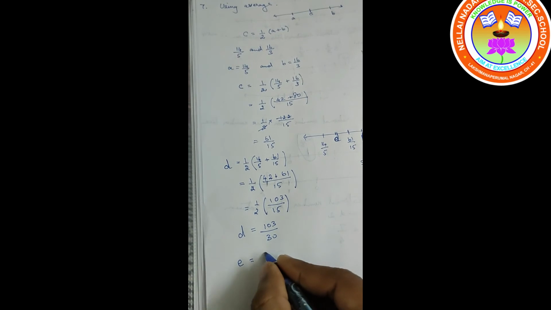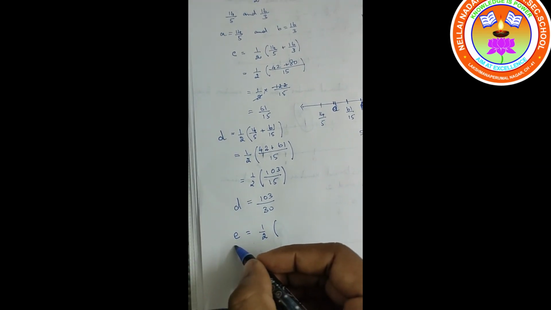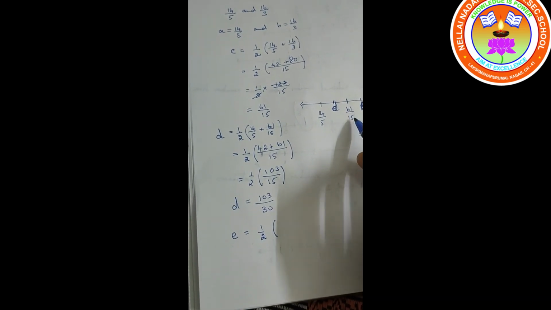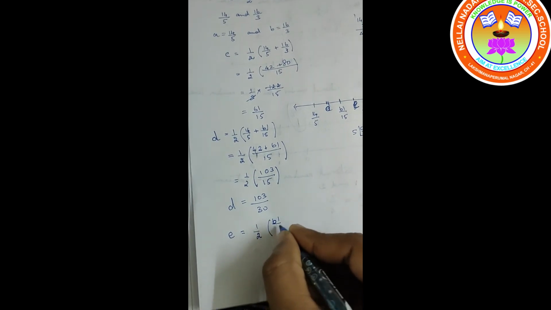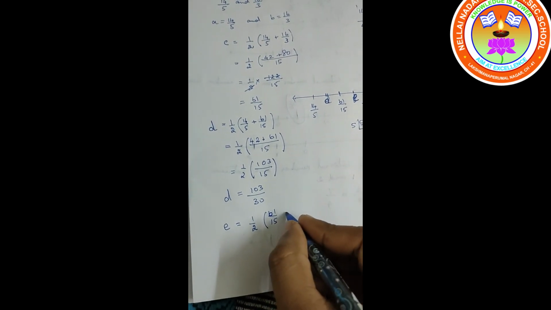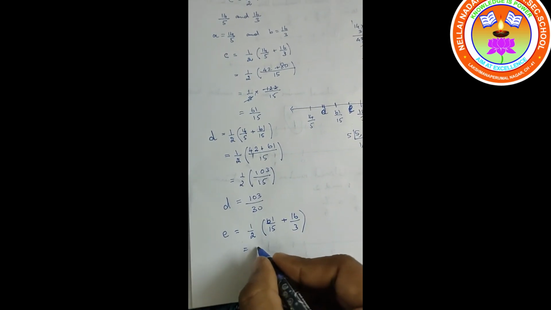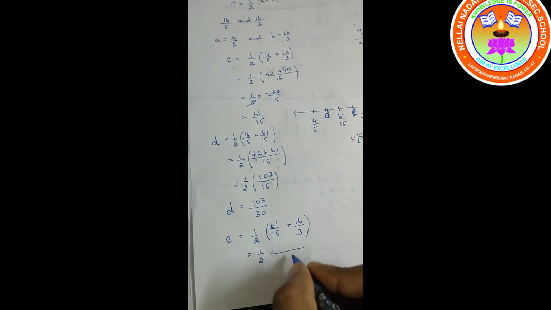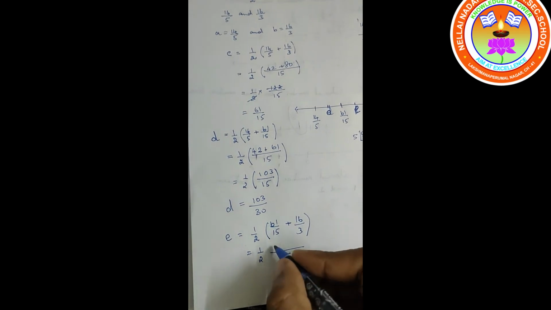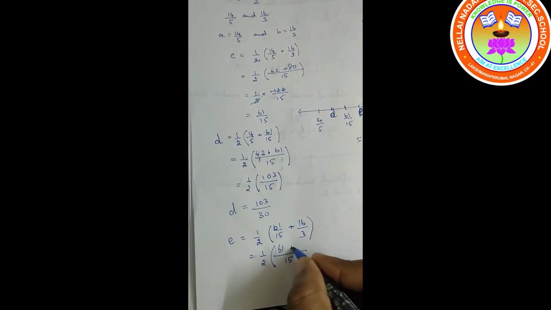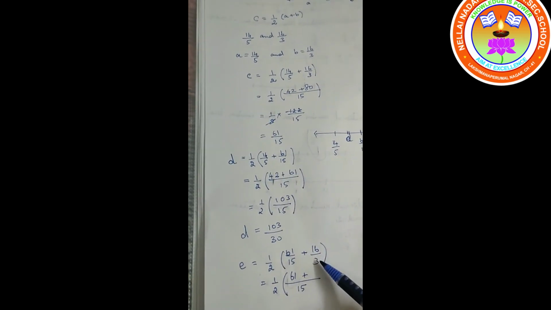Same way we are going to find E also. E is equal to 1 by 2 into, where E lies between 61 by 15 and 16 by 3. So you have to write 61 by 15 plus 16 by 3. 1 by 2 into, for this also the LCM is 15. 61, the 16 you already found here. How many times will 3 become 15? 5 times.